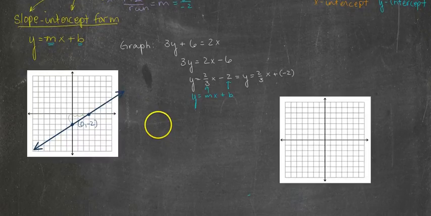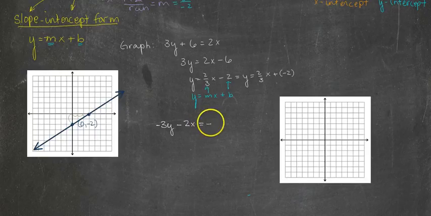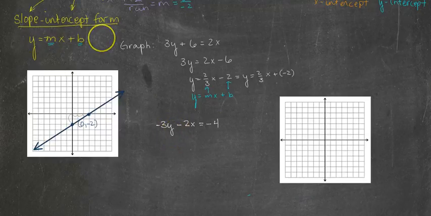Let's say -3y minus 2x equals -4. Okay, so first thing I want to do, I want to solve for y because I want to get it into slope-intercept form.